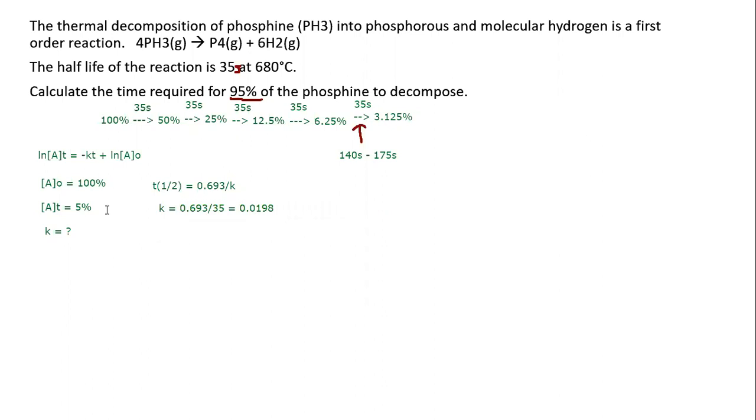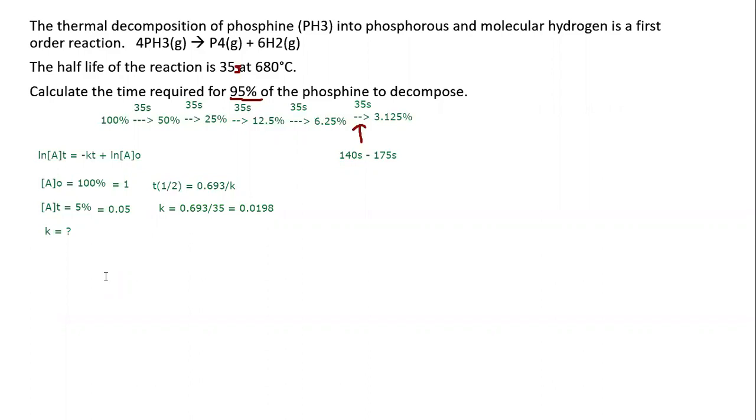We can set it up. For the initial concentration, instead of using a percent, I'm just going to use 1. The final concentration is 0.05. You can only do this for a first order reaction. You can use the percents and put those into numbers just like this and solve the problem.